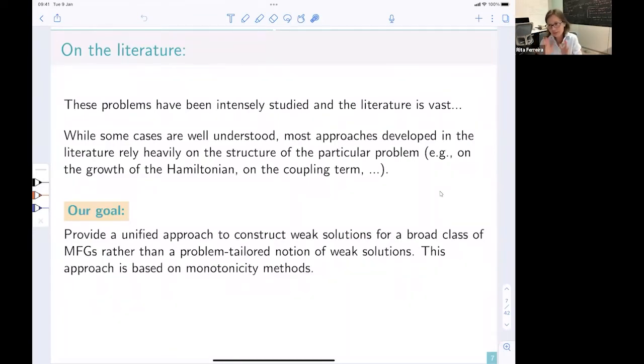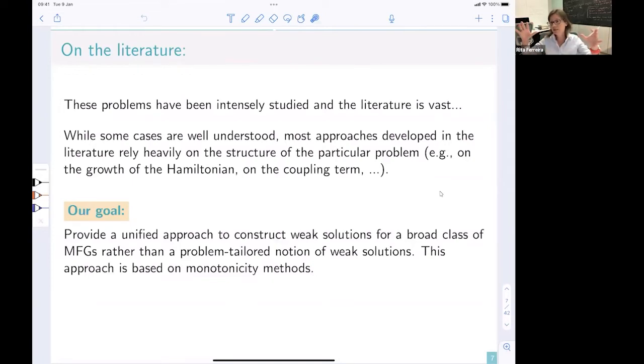So here allow me to skip names and particular references. What distinguishes, not necessarily better or worse, the approach that I'm going to discuss here from many of the works that exist in the literature is that many of the approaches are in some sense problem tailored.